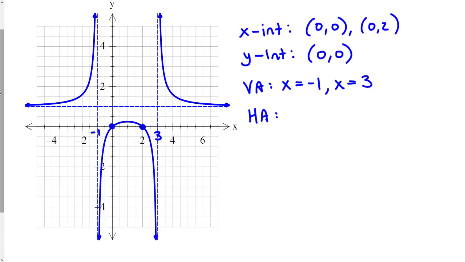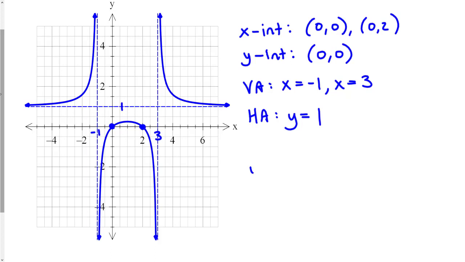The horizontal asymptote, looks like that is at 1 based off the scale here. Looks like on this axis the scale is by a half. So just be careful. This is y equals 1. Okay, so using those, I think I could come up with a pretty decent guess as to what this function is.